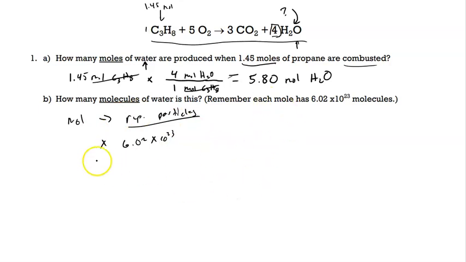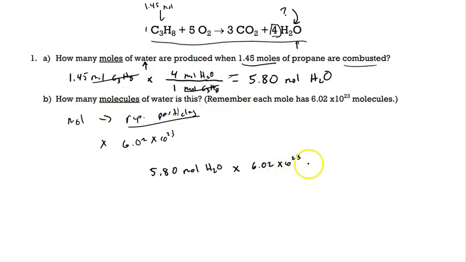Okay, so the way I've set that up to show the calculation, I'm going to take my 5.80 moles of water vapor times 6.02 times 10 to the 23rd.